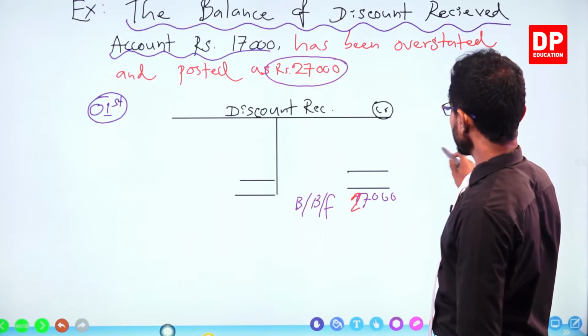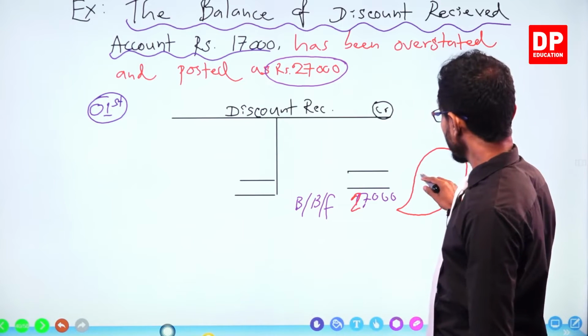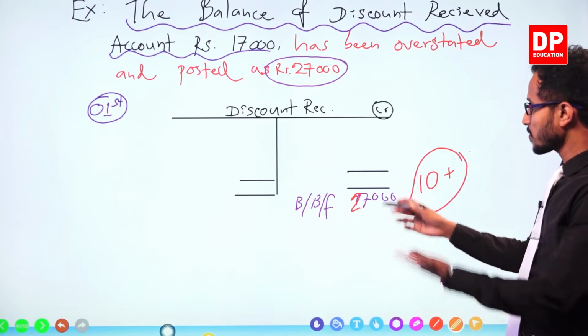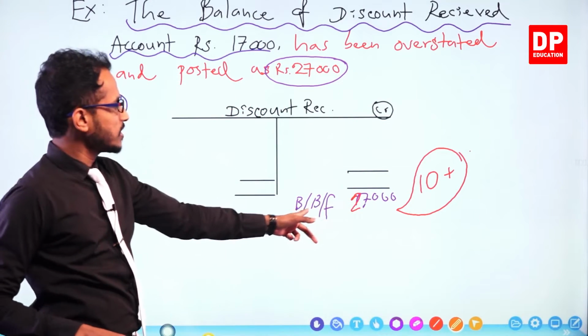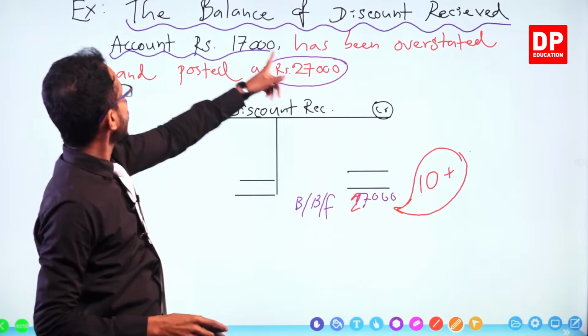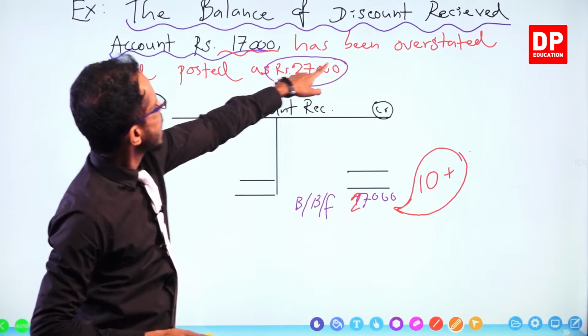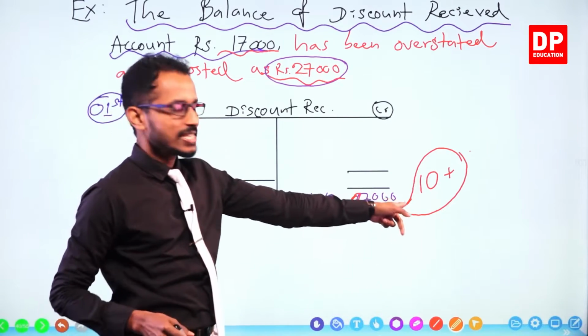27,000. How much is excess? 10,000 is excess here in the credit side. Can you see that? Because 17,000 has been mentioned as 27,000. So 10,000 is excess.